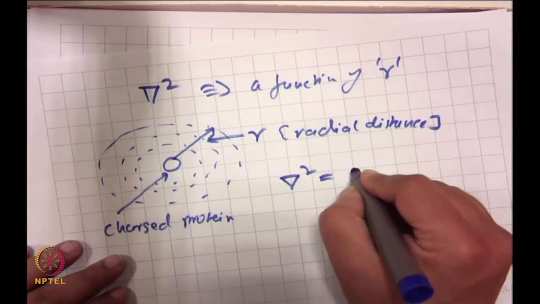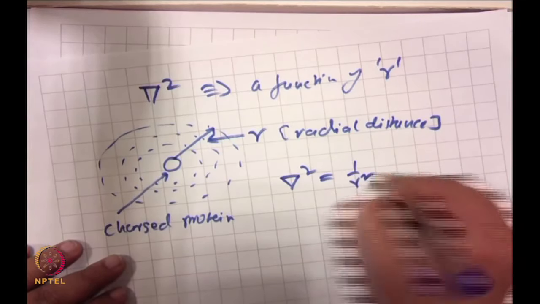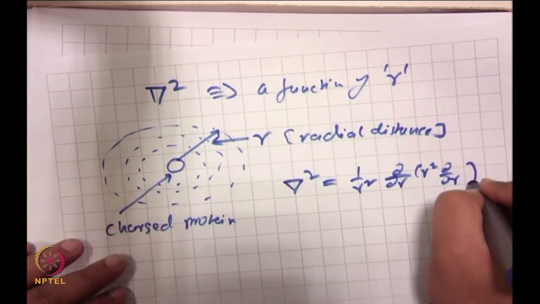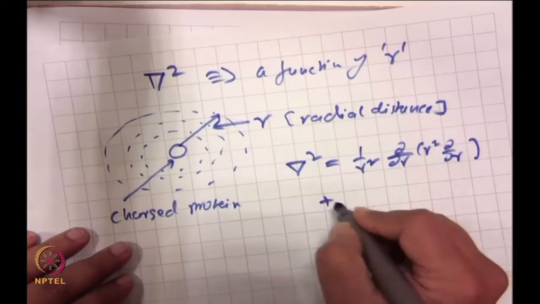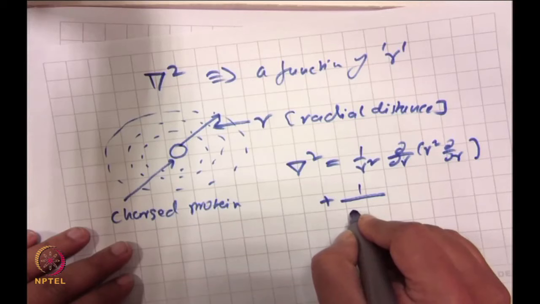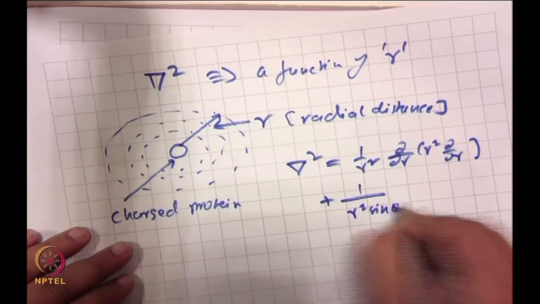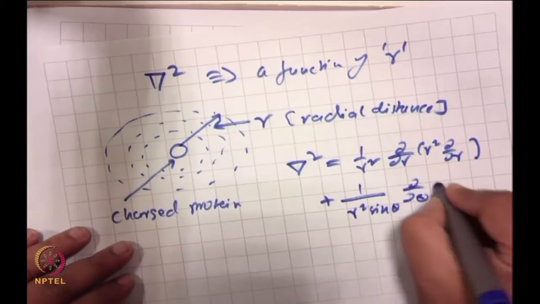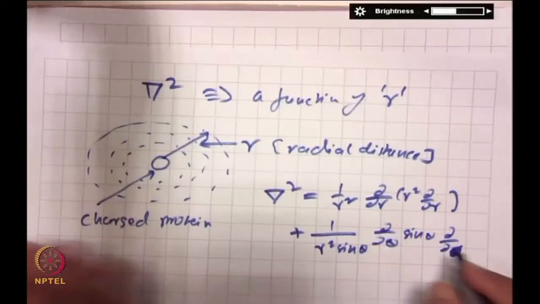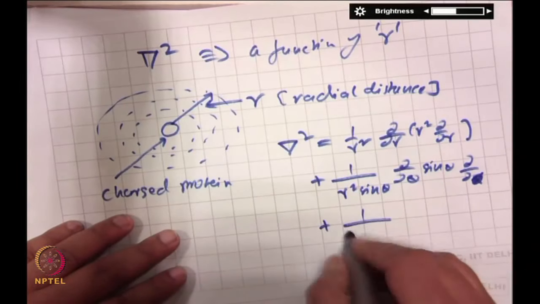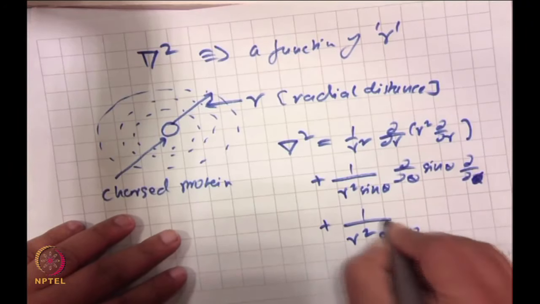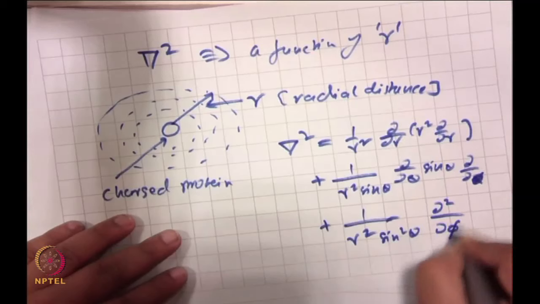What is the full form of del squared? It is 1 by r squared, del of del r, r squared del of del r, that was the radial part, plus 1 by r squared sin theta, del of del theta, sin theta del of del theta, plus 1 by r squared sin squared theta, del 2 over del phi squared.